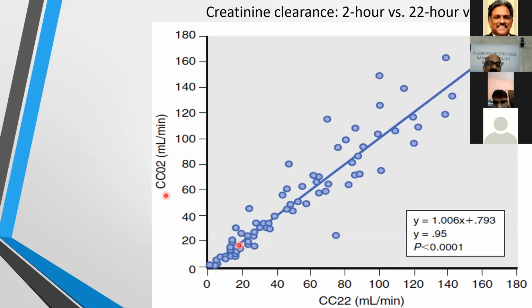That is, the 2-hour collection is shown on the vertical axis and the 24-hour collection on the horizontal axis. The creatinine clearance is determined by the volume of urine and the creatinine measured in the plasma and the urine, and they have a reasonably good correlation. So you don't always have to have a 24-hour collected urine sample to be able to get the creatinine clearance.